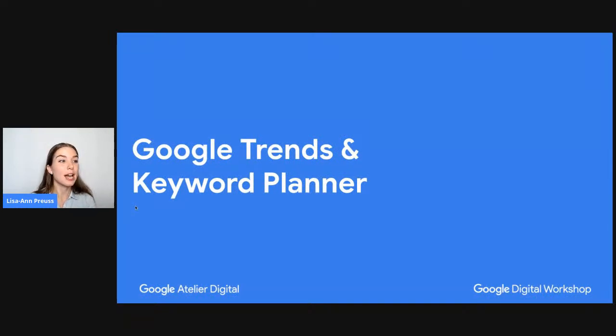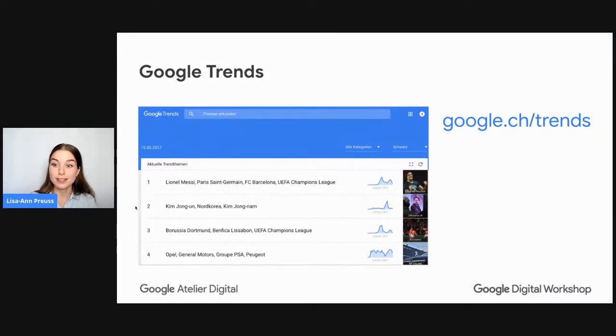As promised, I do want to touch on 2 tools that are super helpful to really get those creative juices flowing. One being Google Trends, and you can visit it under google.ch or google.at/trends. And it'll help you see things that are being searched for, buzzwords.